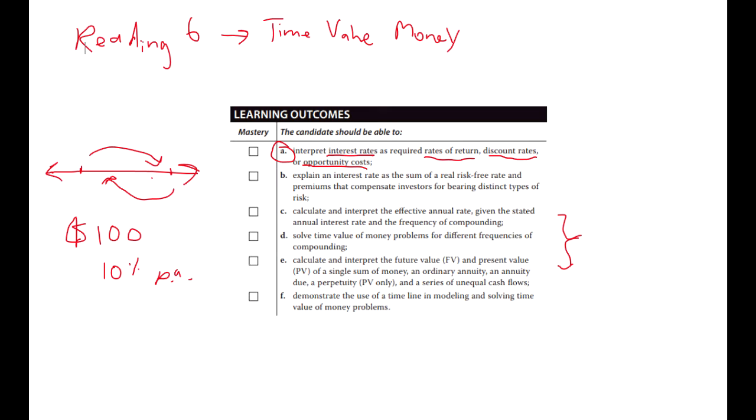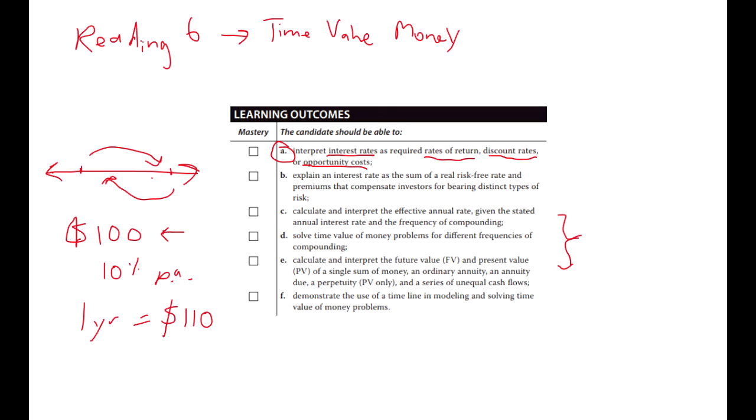What does this mean? That means after 1 year, I would have $110 in my bank account, because I'd have the $100 that I started with plus the 10% interest, which is $10, giving me 110.